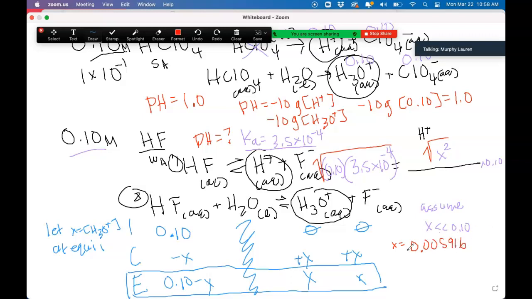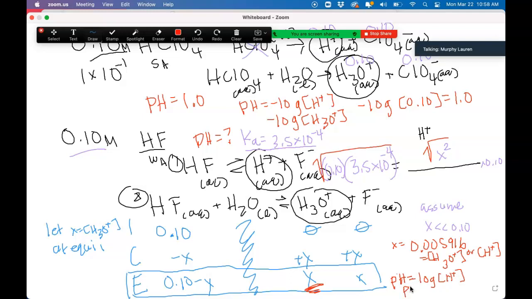Well, x is my H3O plus, right? That's who I said it was. So this is H plus or H3O plus, whatever you want to call it. So now that I know my hydrogen ion concentration, I can find pH, right? pH is the opposite of the log of H, or H3O plus.